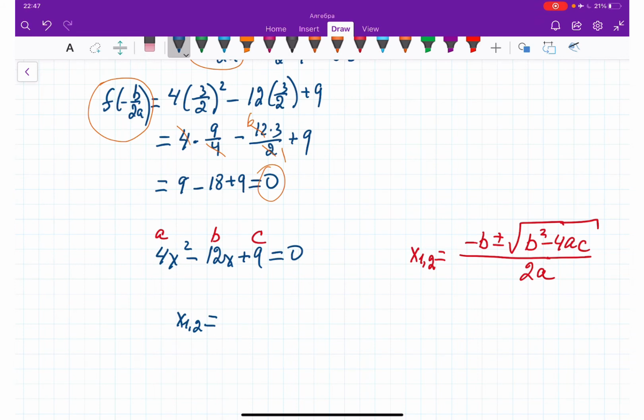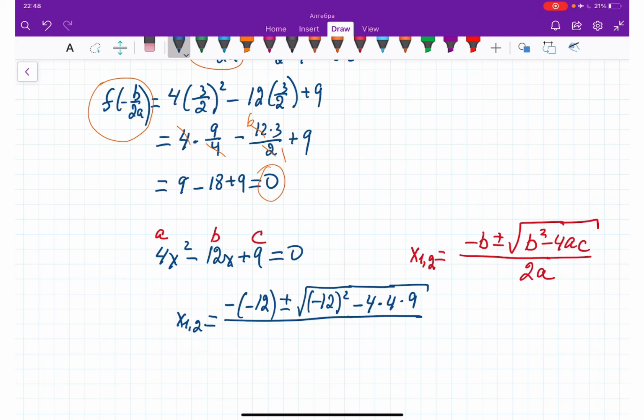x1,2 is equal to negative b, so negative, my b is negative 12, plus or minus the square root of b squared, which is going to be negative 12 squared, minus 4 times a, which is 4, c is 9, divided by 2a, 2 times 4.